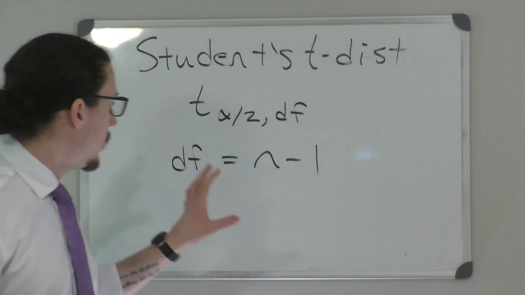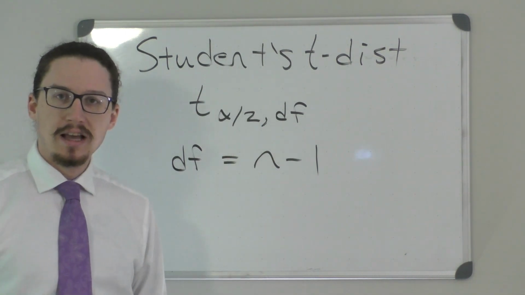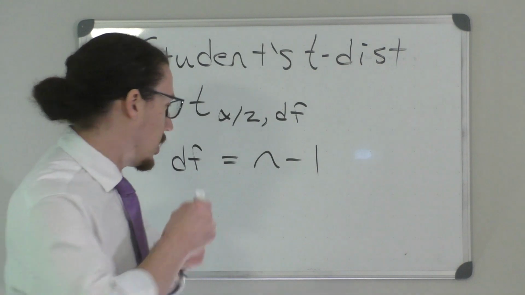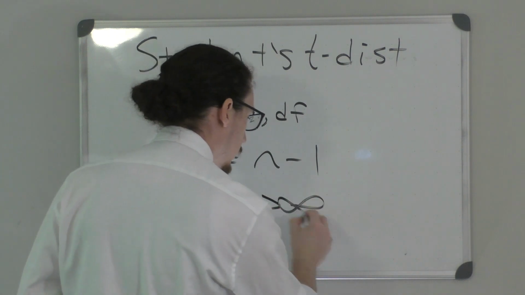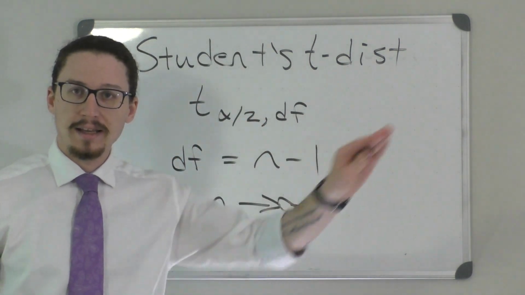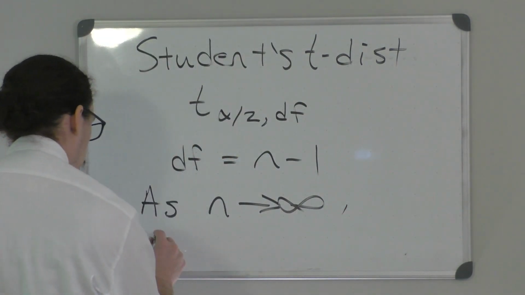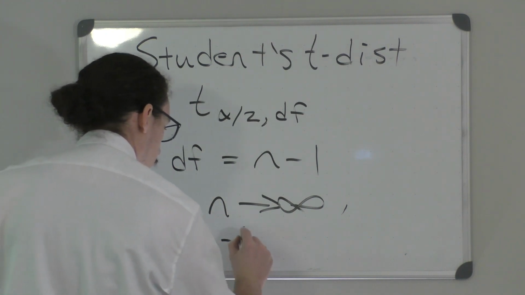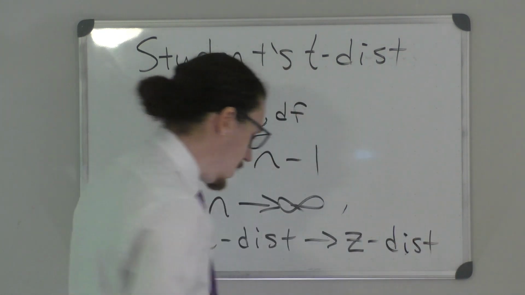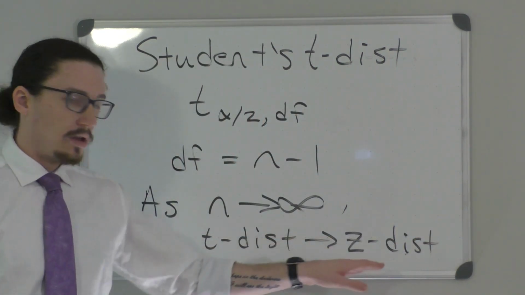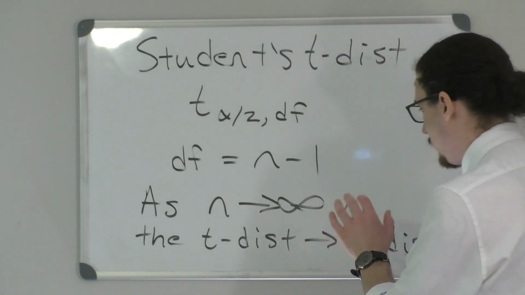One last thing before we talk about how to use our t-distribution chart and find these kinds of things. One thing I want to note is that as n goes to infinity, as the sample size increases, the t-distribution goes towards the z-distribution.